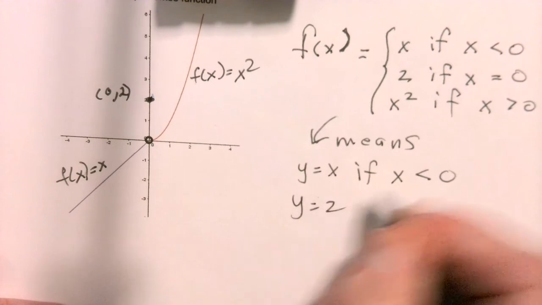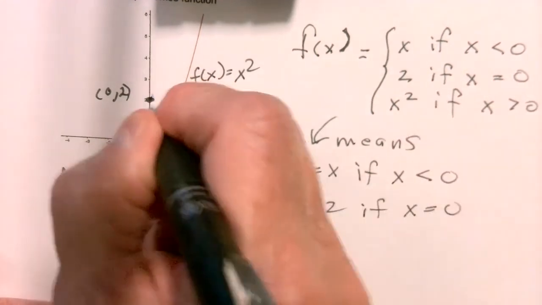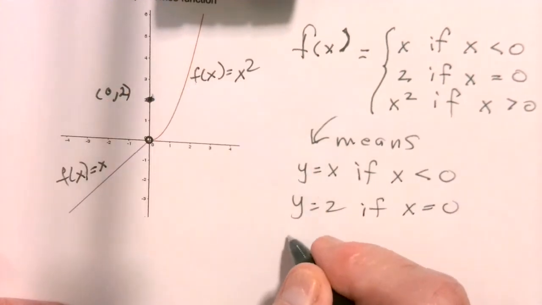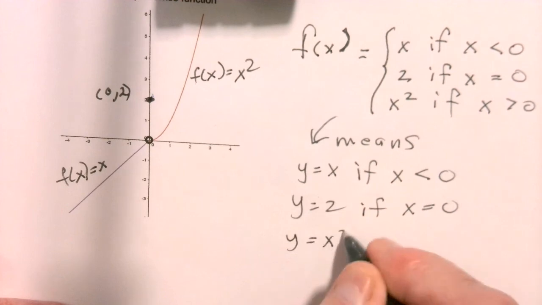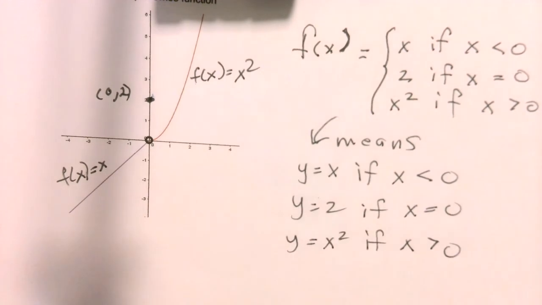Y equals 2 if x equals 0. And so you see when x is 0, the y value is 2. And then the other one, y equals x squared, if x is greater than 0. And that's the side over here. So that's a piecewise function.